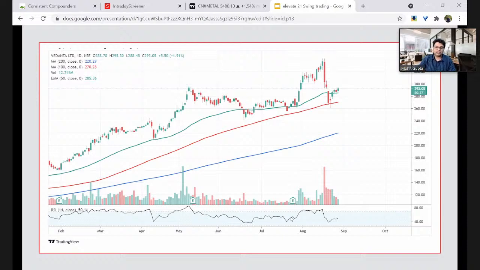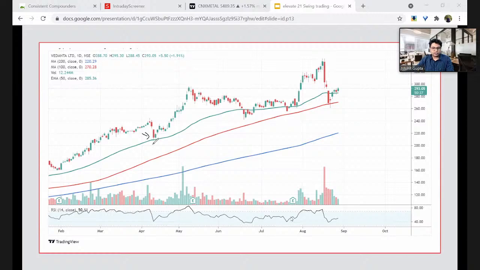For example, you can see here that the 50 EMA is where Vedanta is usually taking support, and in the latest fall, it has taken support at the 100-day moving average. Now you don't have to enter as soon as it touches the 50 exponential moving average. You have to make an entry at the pullback.